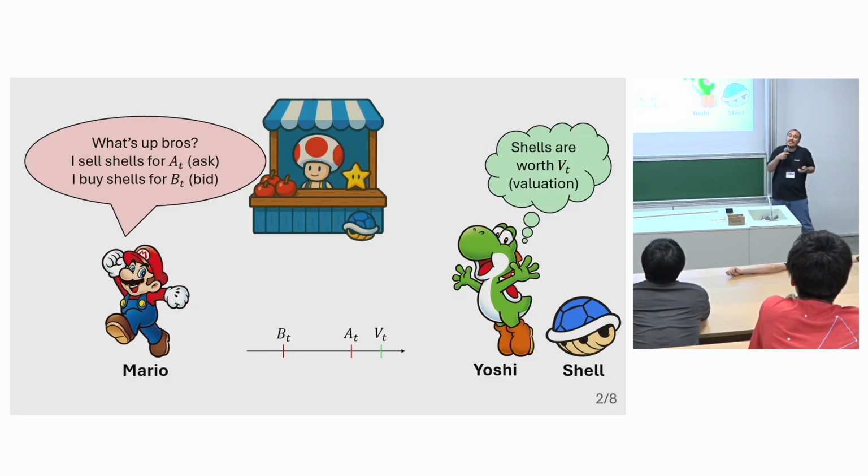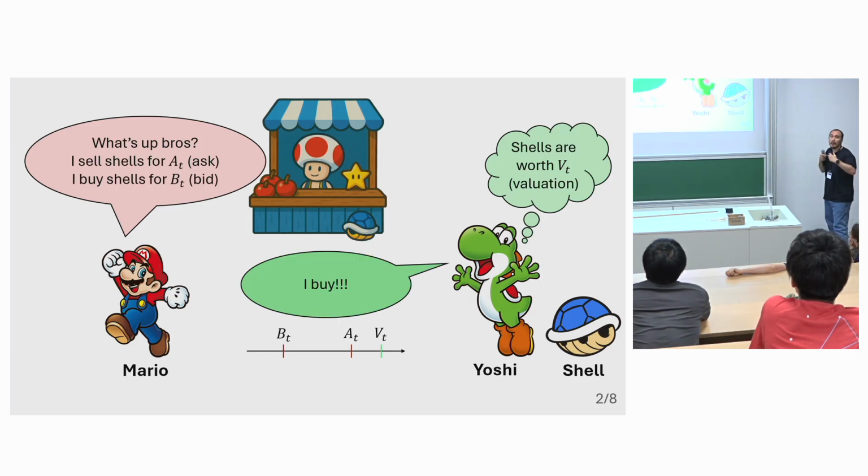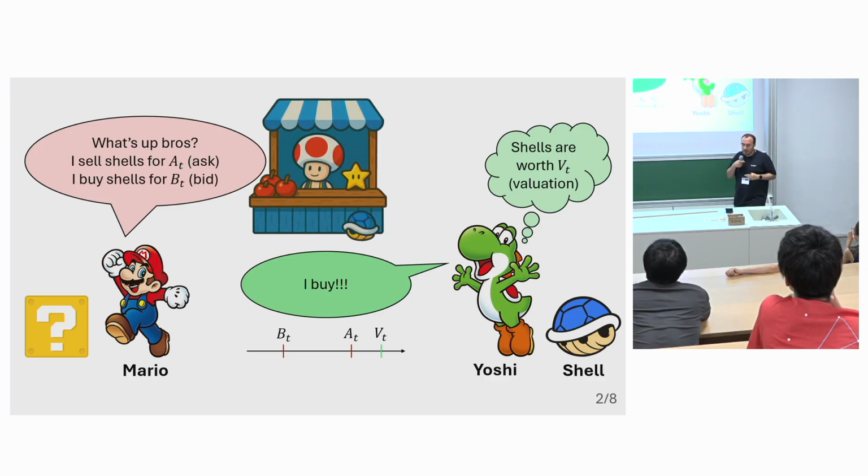Case two, what if VT is above AT, above our ask? Then Yoshi says, okay, I know that the value of these shares is higher, so I'm going to buy some more from you. But there's a bit of a problem now because, as you can see, Mario has no shares with him right now because he keeps offloading the shares to the market.